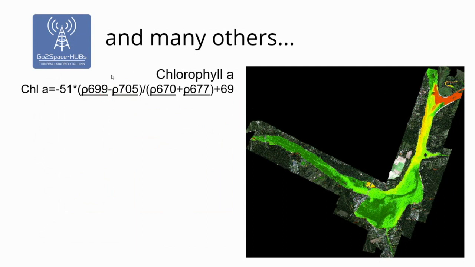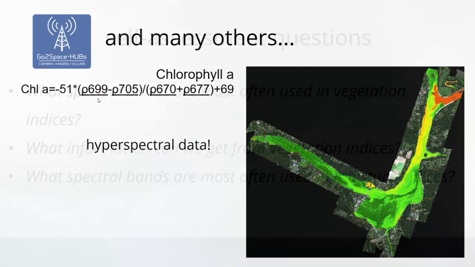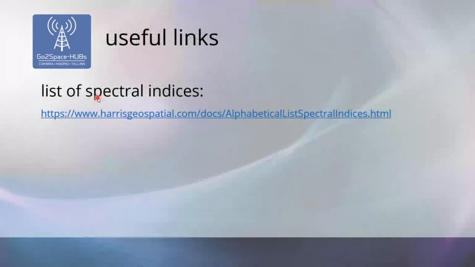We can see here that those bands are very close to each other. They must be very thin if you want to calculate this index. We couldn't use multispectral bands. We need hyperspectral data for that, because we need a lot of very thin bands to calculate this particular index. So we couldn't calculate it using, for example, Sentinel-2 data at all.